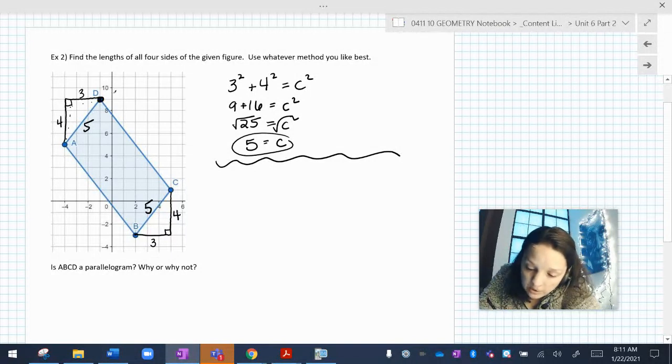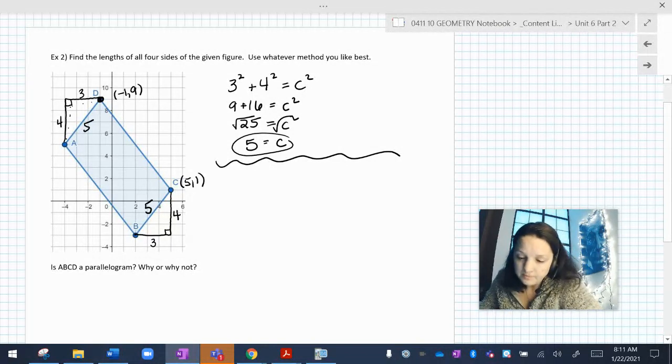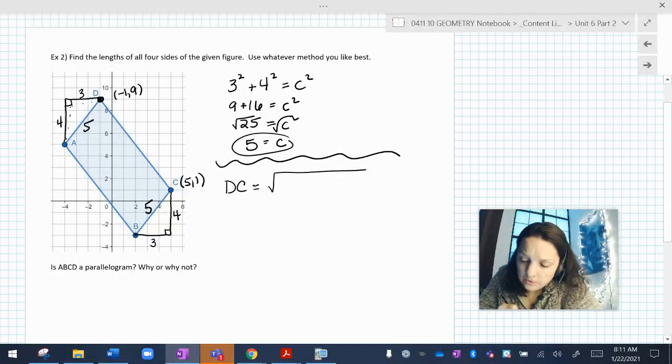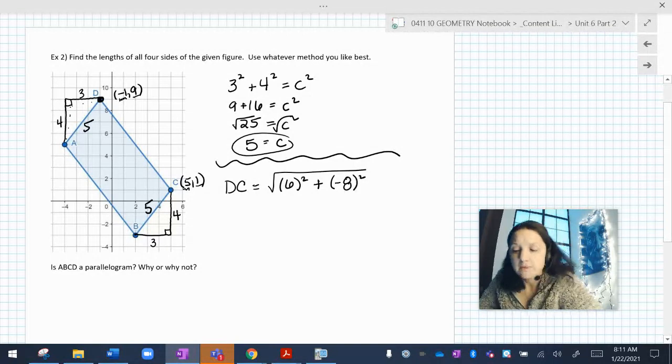So D right here is negative 1, 9. And C right here is 5, 1. All right. So if I want to find the length of DC, I'm going to do the square root of delta x squared plus delta y squared. So negative 1 became 5, so x went up by 6, and 9 went down to 1, so I subtracted 8 for y.